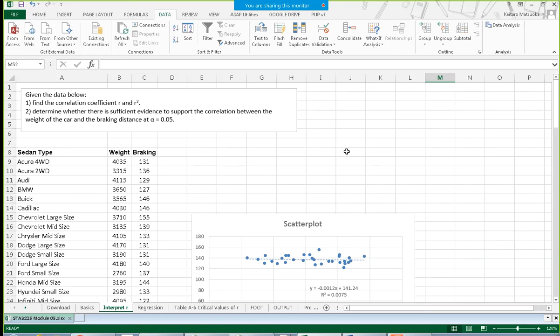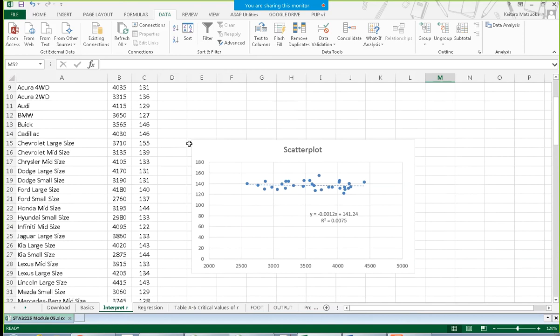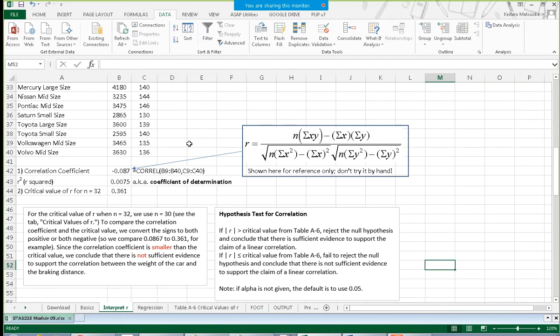So here's the data. The first thing asked was to figure out the correlation coefficient. That's R, and there's a function for that, CORREL, in Excel. This reproduces this formula, if you were to calculate the correlation coefficient by hand.